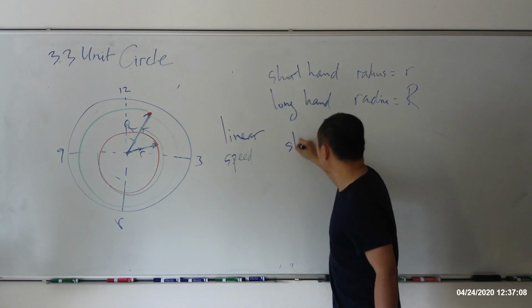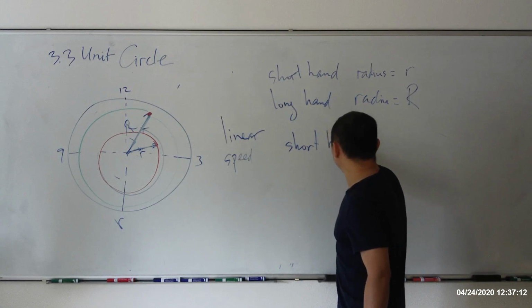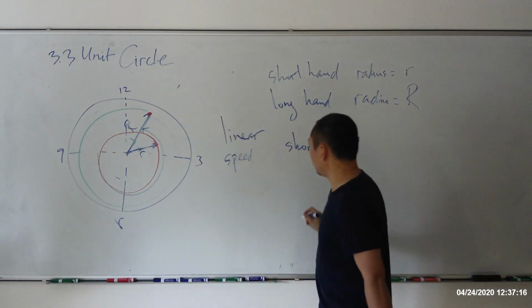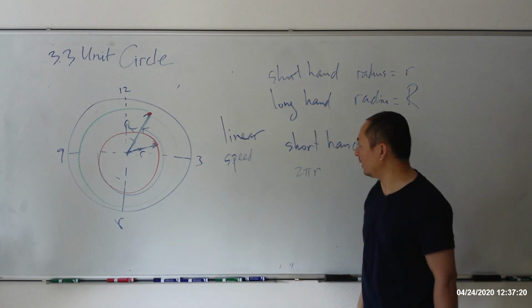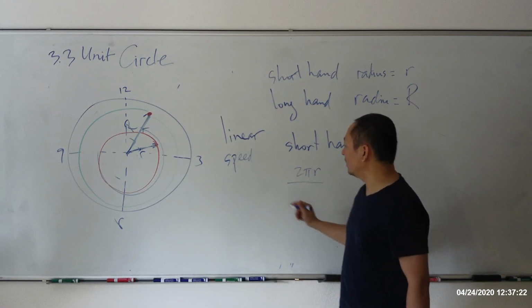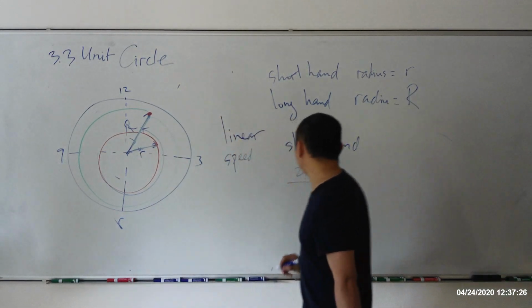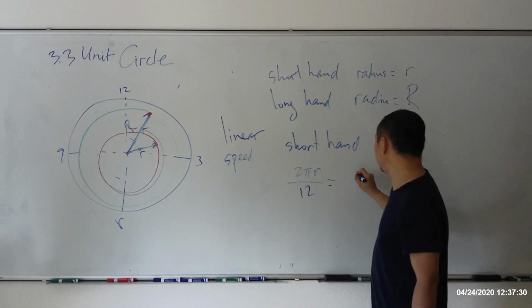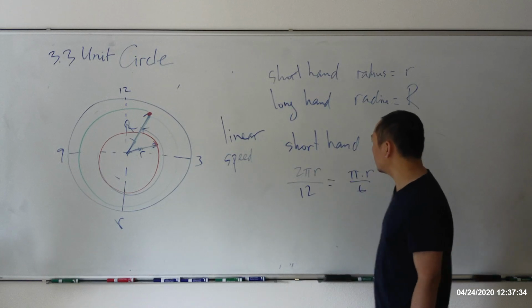Let's talk about the short hand first. For the short hand, the circumference of the smaller circle is 2 pi little r. And then divided by what? 2 pi little r is right here. Divided by the time traveled along the circle, which is 12 hours, which is pi times r over 6. I just take away the 2 on the top and bottom.